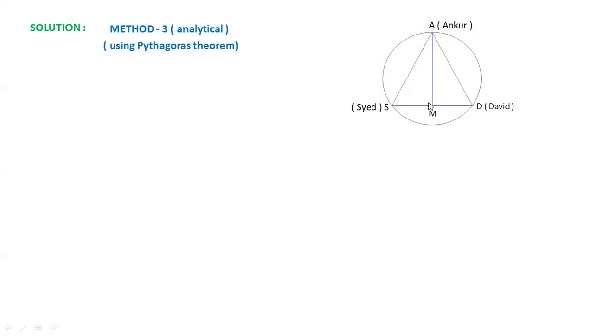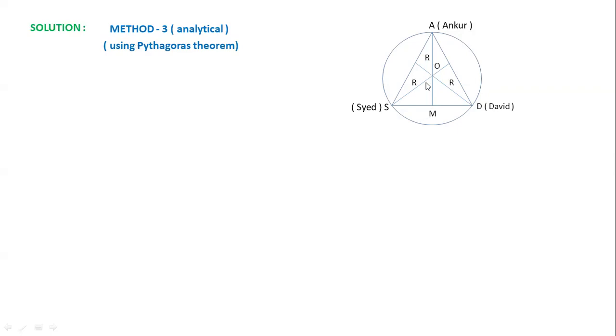That means both will be 90. So you can use Pythagoras theorem for this triangle. That's why we are telling using Pythagoras theorem. Now, I can draw one more median, the third median. As I told you, this is the point G, but it's also equal to center. So let us take it as O, center of the circle. So now if you take this, let us first take the bigger triangle.